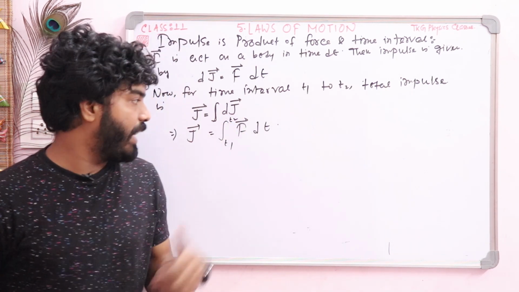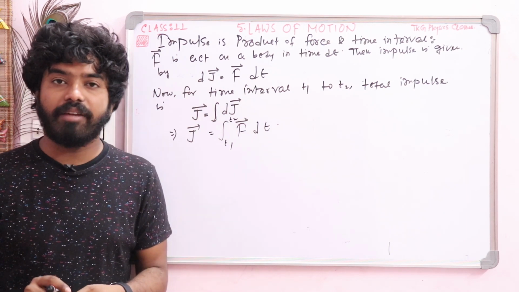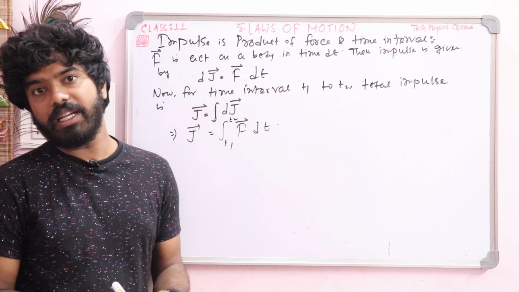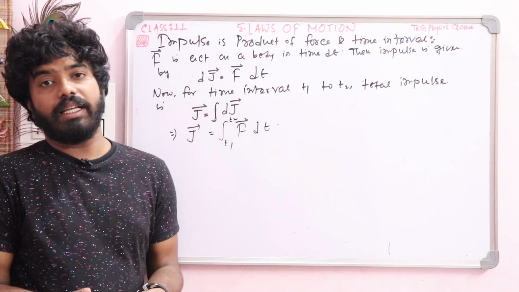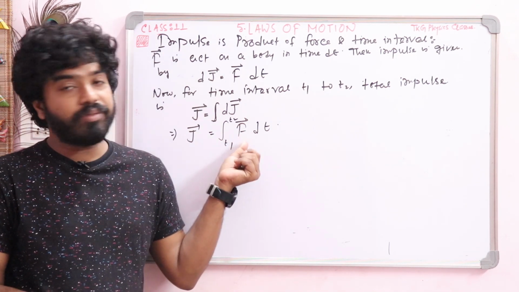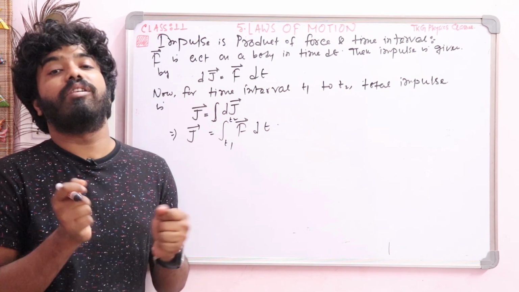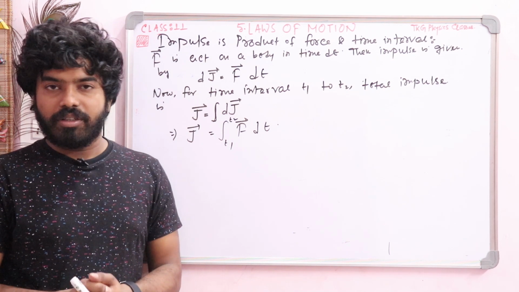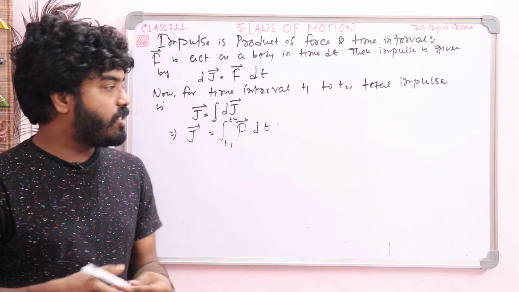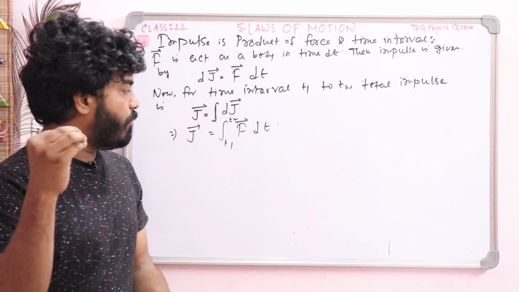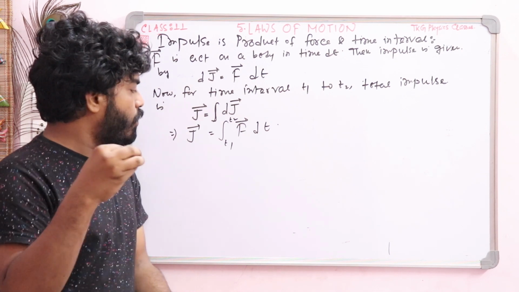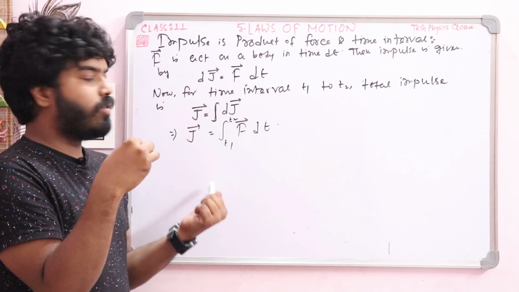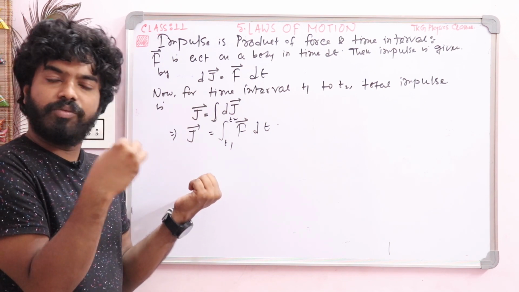Now you see here F and dt, is F constant or variable? Sometimes it is constant and sometimes it is variable, but in general condition, in the place of F we use the average value of force. Question is, why do we use average value of force? Suppose a ball is hitting this wall. When the ball is placed here, there is no force applied on that wall, so force is 0.